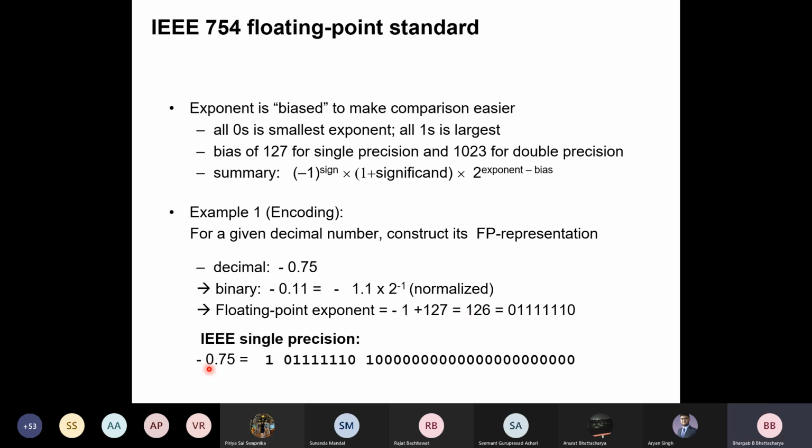Minus 0.75, sign bit is 1, exponent is this. And how many digits are there after this binary point? Just a single one, and then the rest is 0. So I have 1 here, and the rest 22 bits are 0. So we obtain a 32-bit representation for this number.